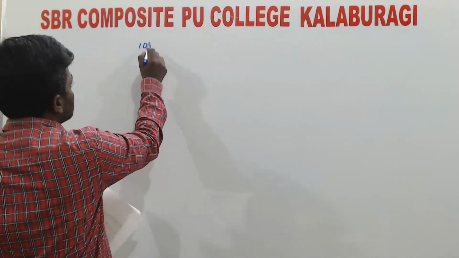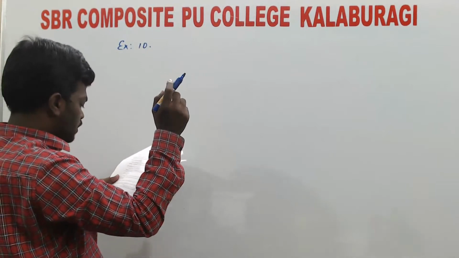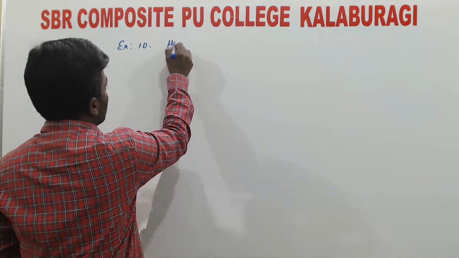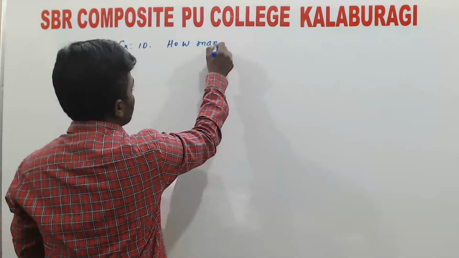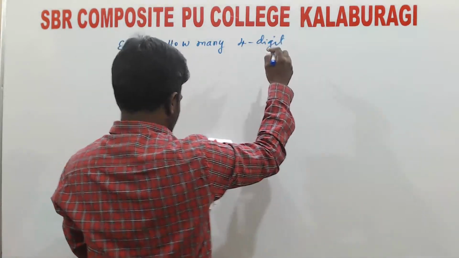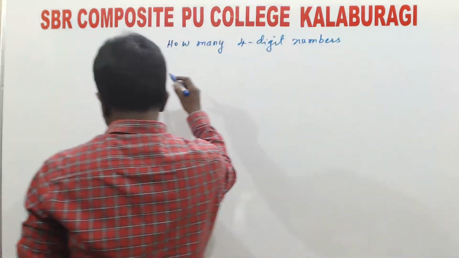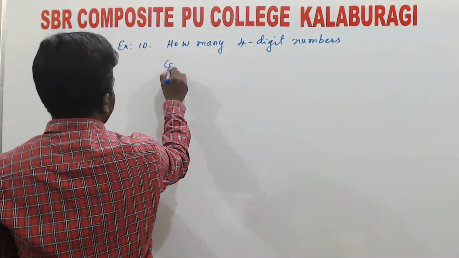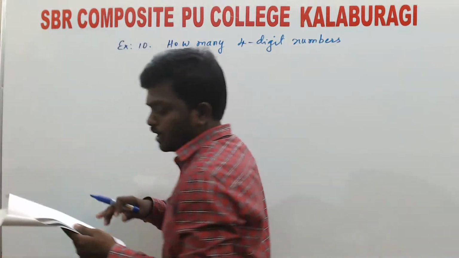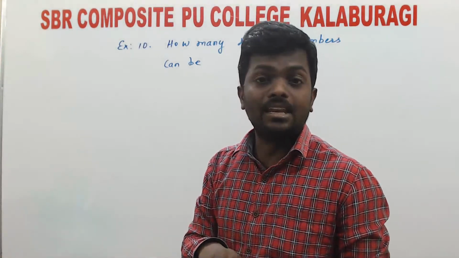Example 10, on page number 144, students. How many four-digit numbers can be formed? You might be thinking, sir, why is sir not solving example 9?